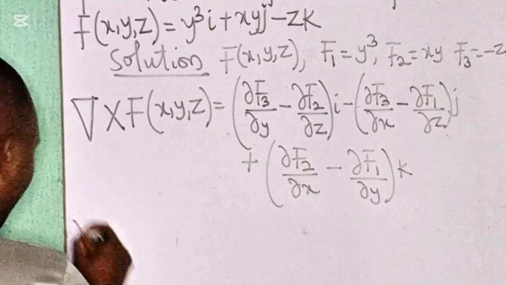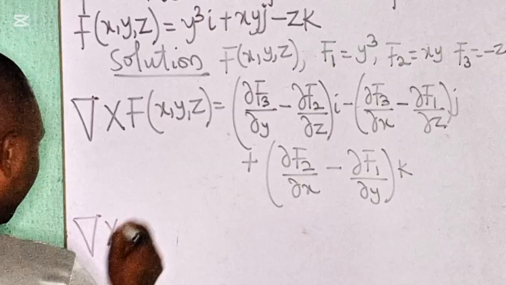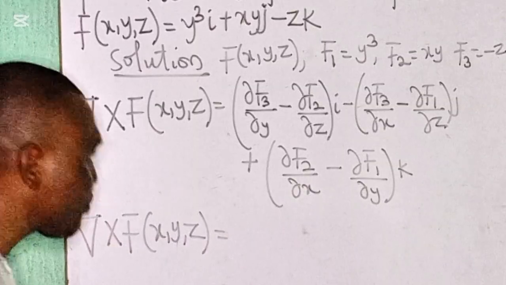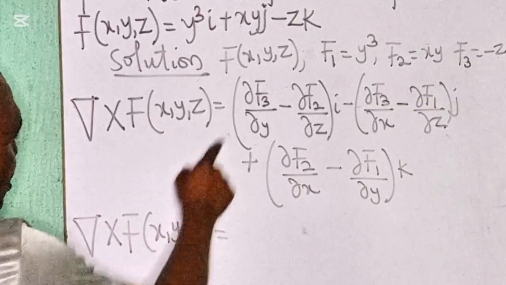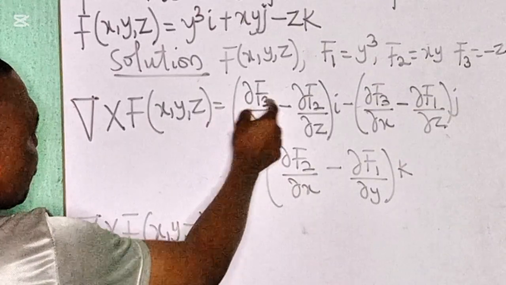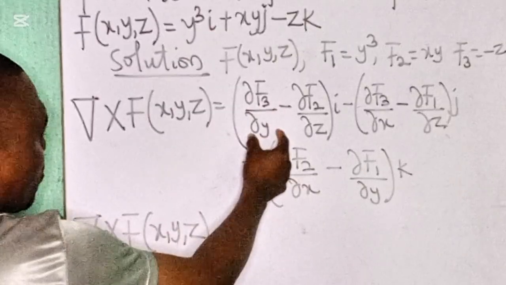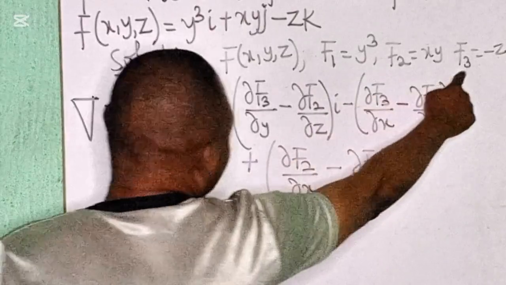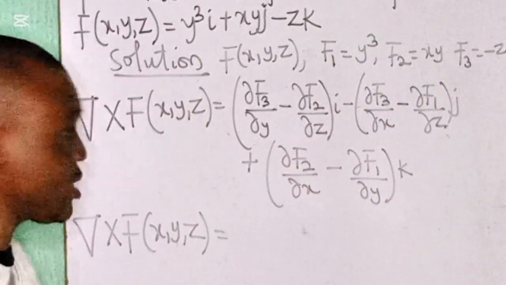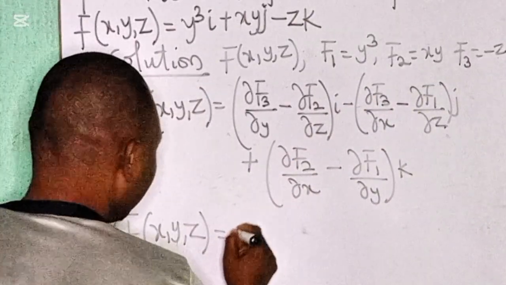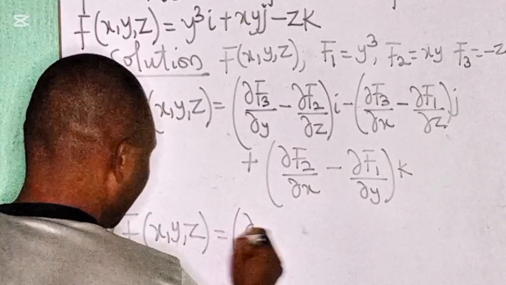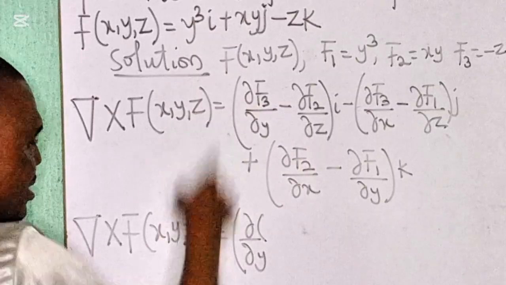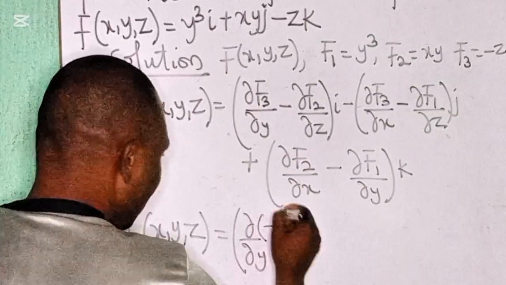Good. So from here, we are having the curl of the vector field F of x, y, z equals. Now, look at this. The partial derivative of f3 with respect to y. Now, from here, we're having our f3 as minus z, so we can put it as minus z in brackets.